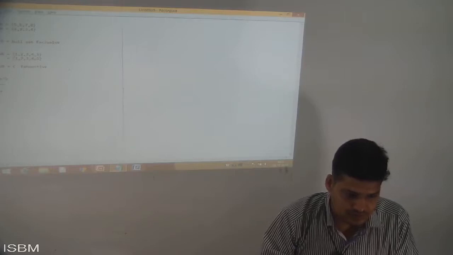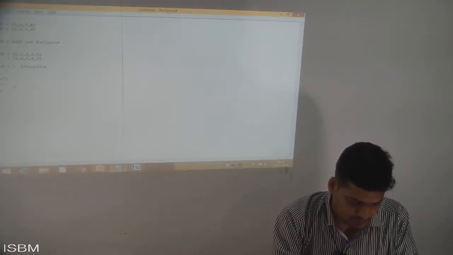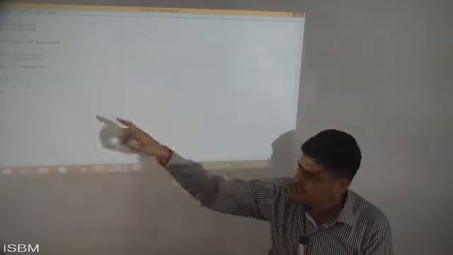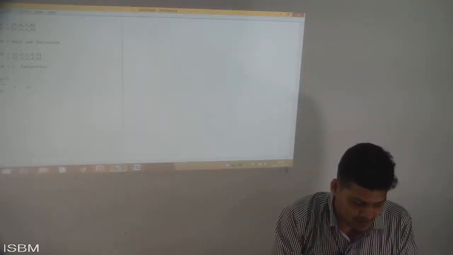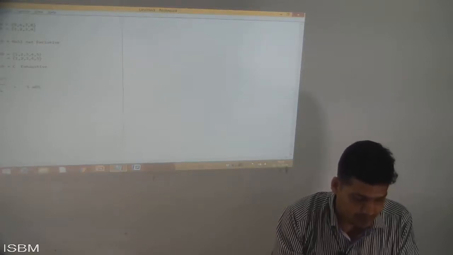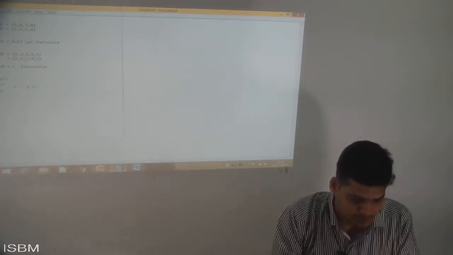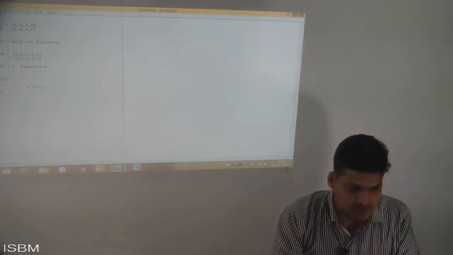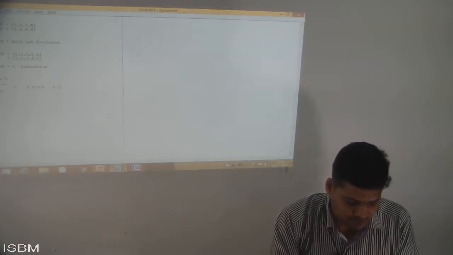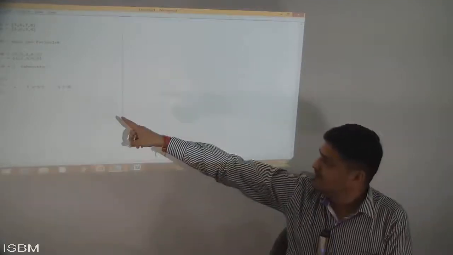How do you solve this? 5 will come over there, then x to the power 5 minus 1, so it is shown as 5x to the power 4.